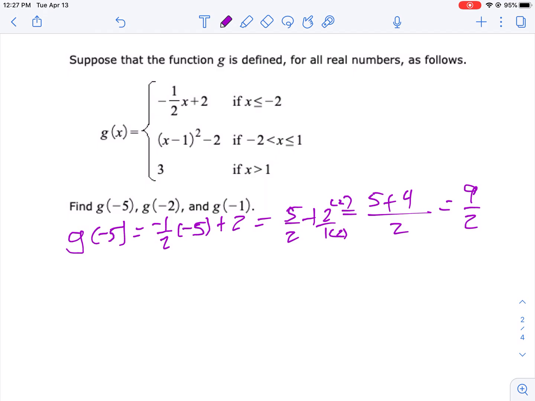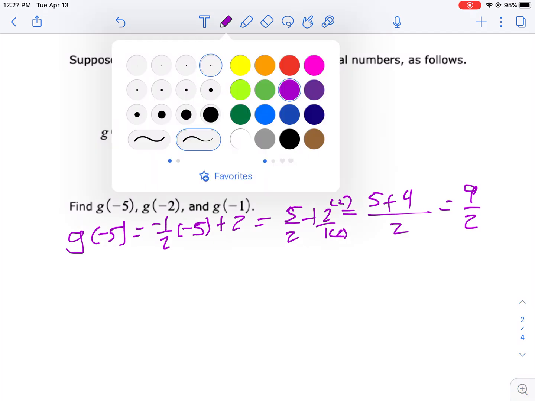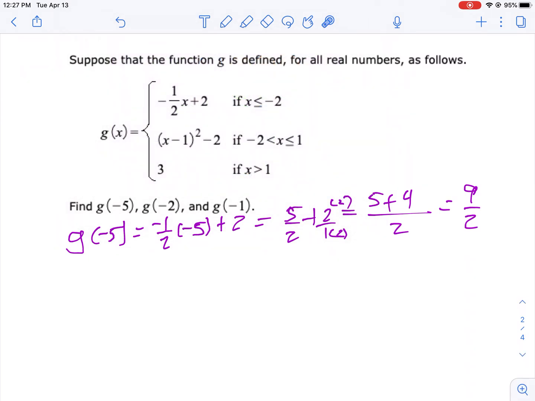Now let's take a look at g of -2. Where does -2 occur? Oh, -2 is the same rule, isn't it? Because it's less than or equal to -2, so I'm going to use this rule again for g of -2.